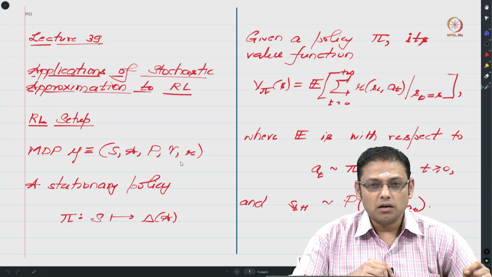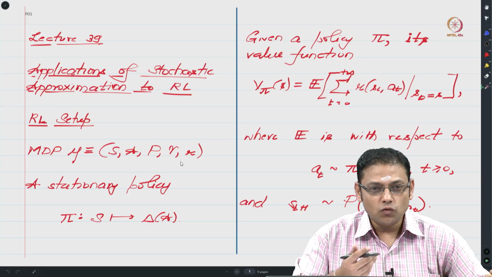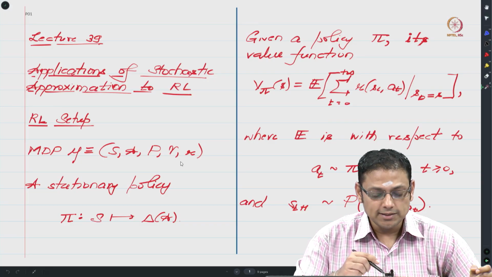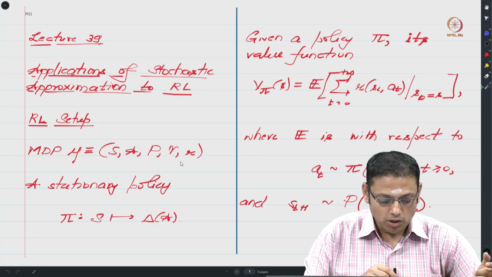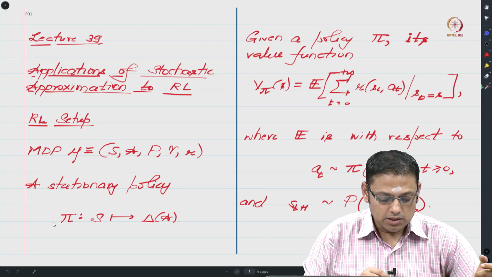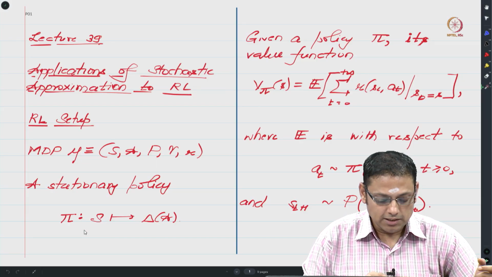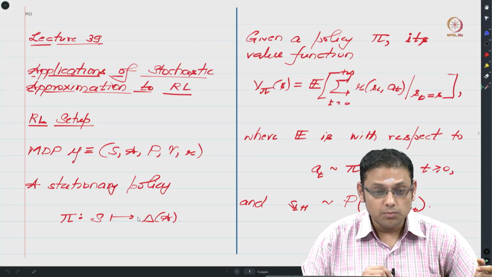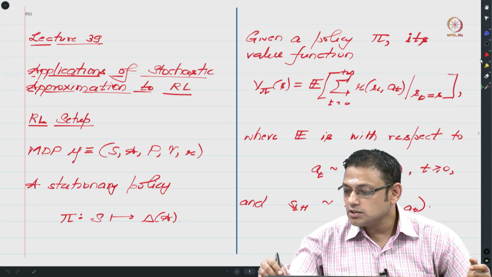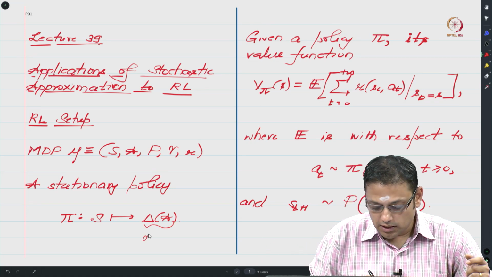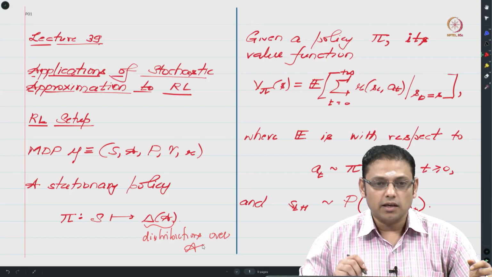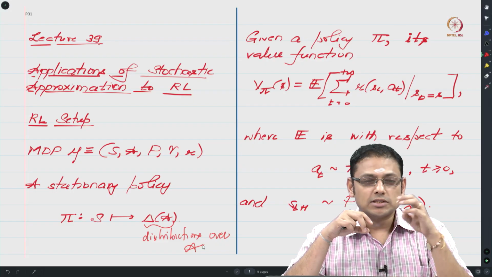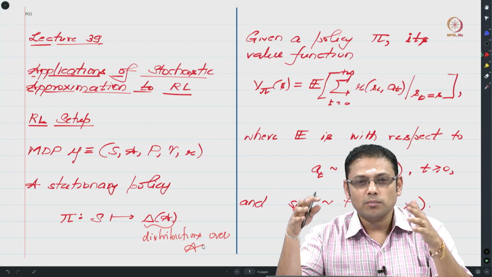And we said in reinforcement learning we want to find in some sense the optimal policy, and a typical example of such a policy is any function which takes as input a state from the state space and spits out a distribution over the action space. So this notation over here is the space of distributions over the action space A. For example, you could say with some probability pick this action and with some probability pick the other action.